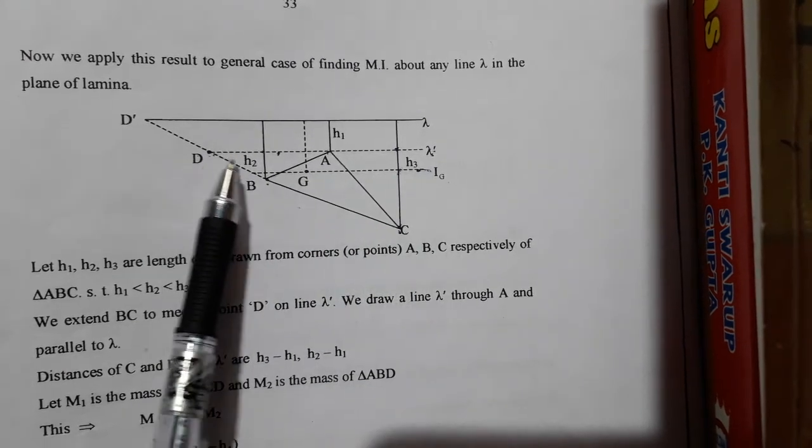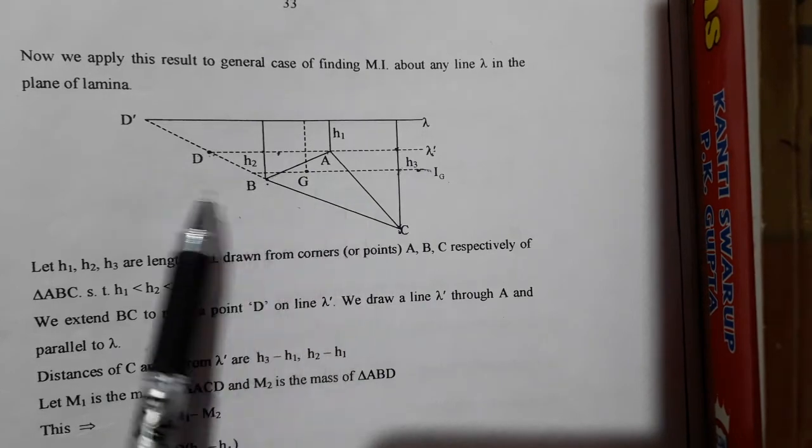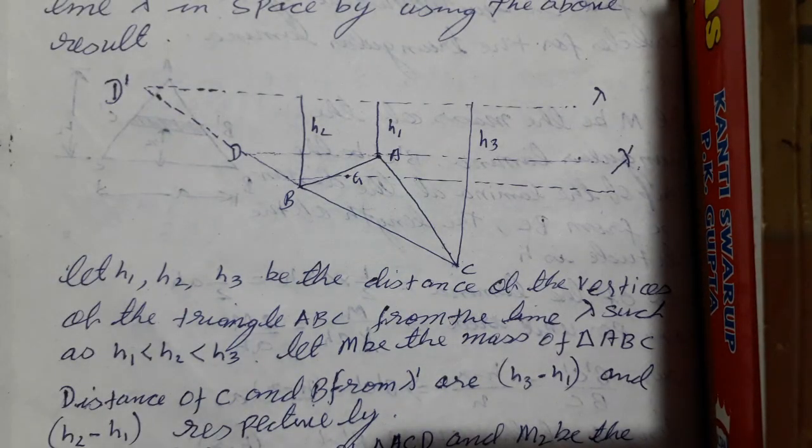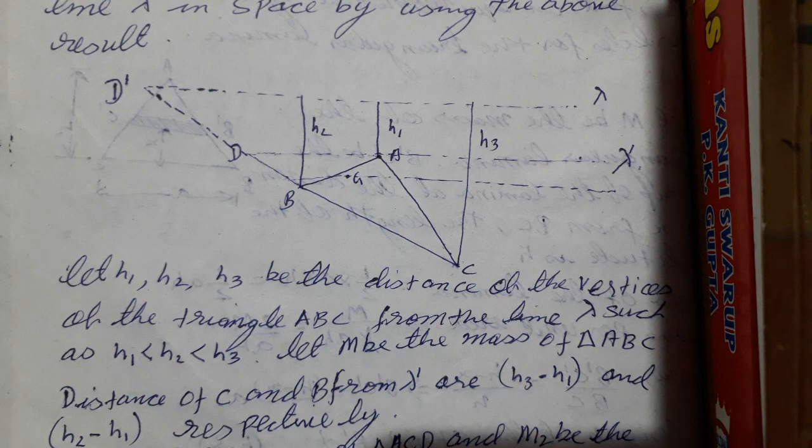That is nothing but the mass of triangle ACD minus the mass of triangle ABD. So the mass of triangle ABC is equal to the mass of triangle ACD minus the mass of triangle ABD.